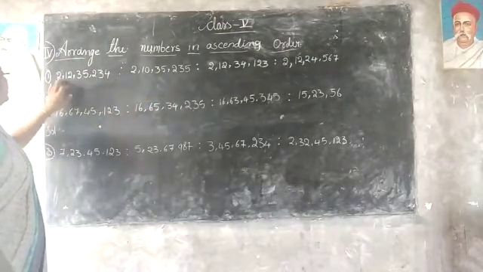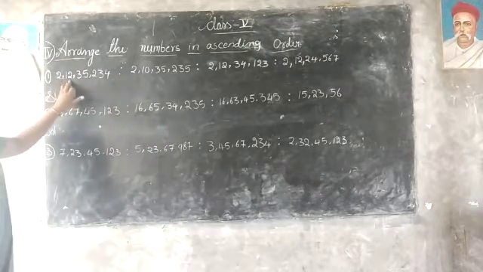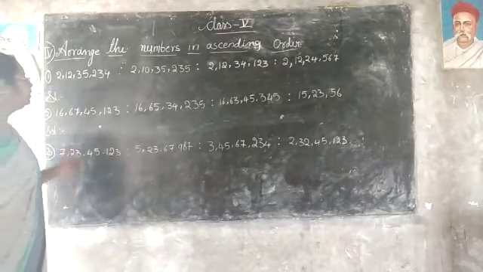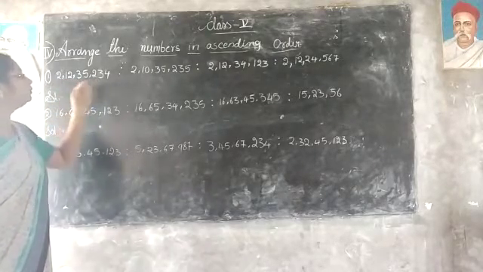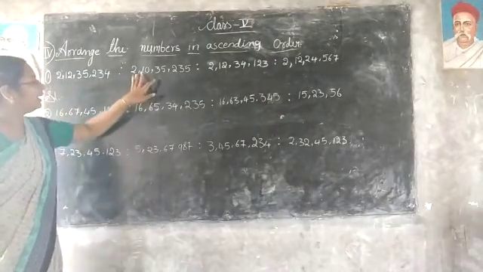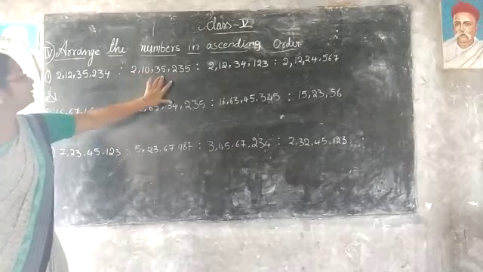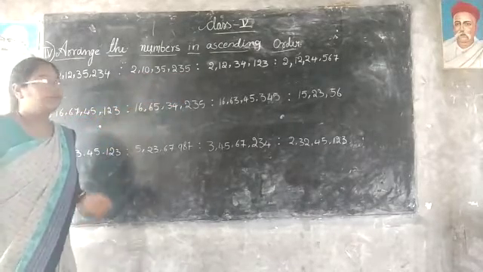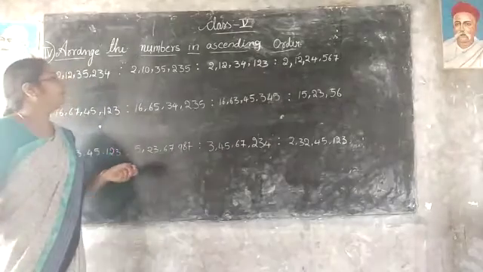First four numbers: 2 crore 12 lakh 35,234. 2 crore 12 lakh 35,234. And next one, 2 crore 10 lakh 35,235. 2 crore 10 lakh 35,235.